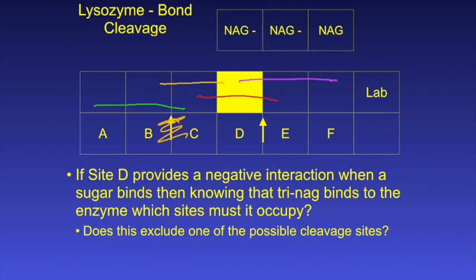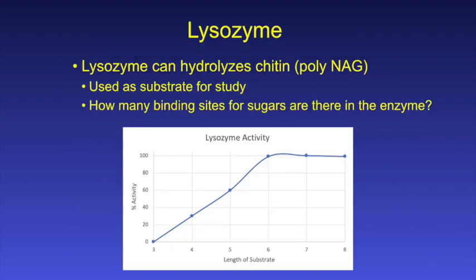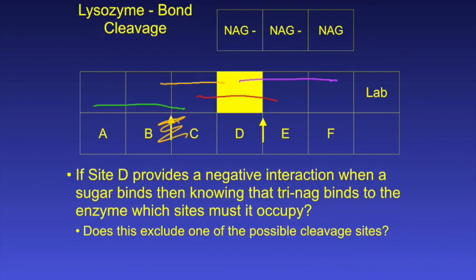And you only start getting activity, and it's not a lot, when you get 4, right? When you get 4, the only ways that you can bind are 1, 2, 3, 4, in one of several arrangements. There's no way for it to bind without it being in one of those bad spots, right?